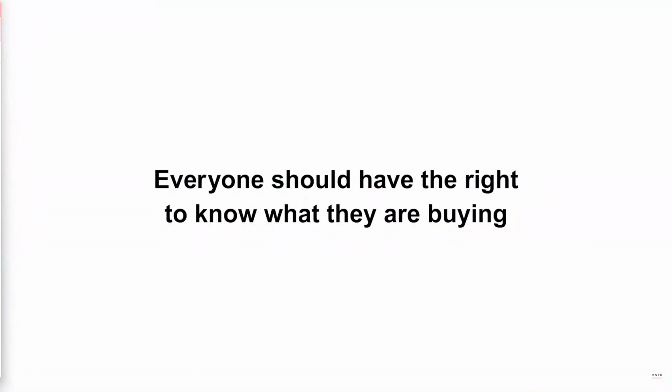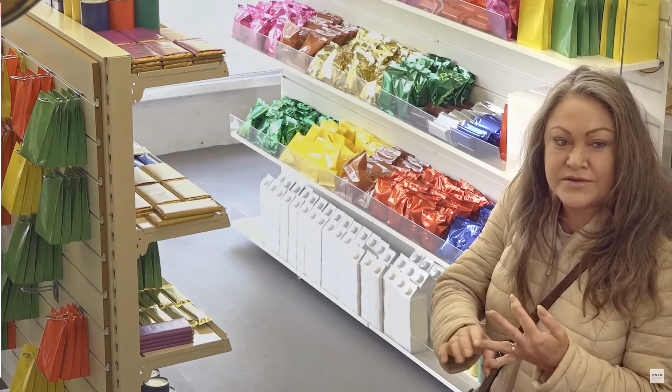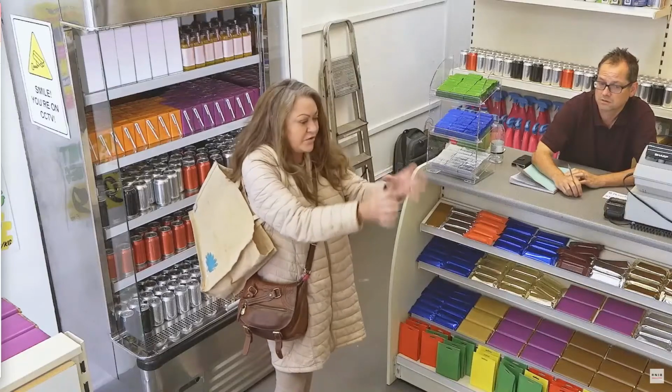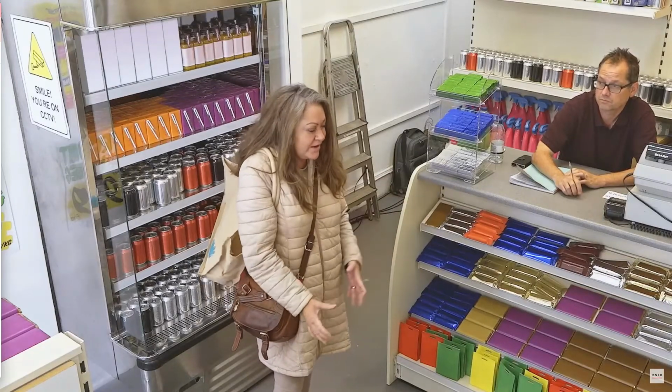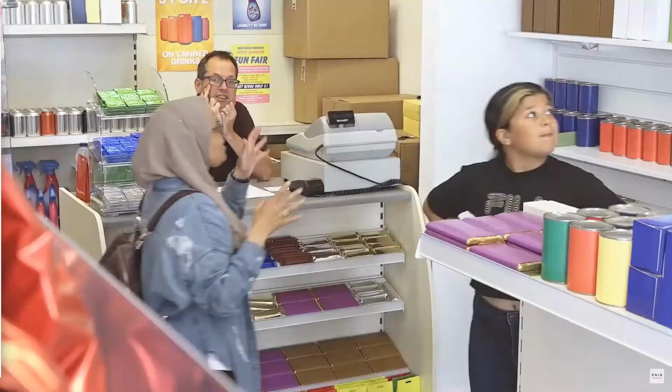A title reads, everyone should have the right to know what they're buying. Yet 9 in 10 blind and partially sighted people find it difficult to access crucial information on packaging. There's no nutrition value, there's no fat, there's no salt, there's no sugar written on the labels. How do you know what you're getting? What if you have a nut allergy? Good question. My mind is working overtime right now trying to figure this stuff out.